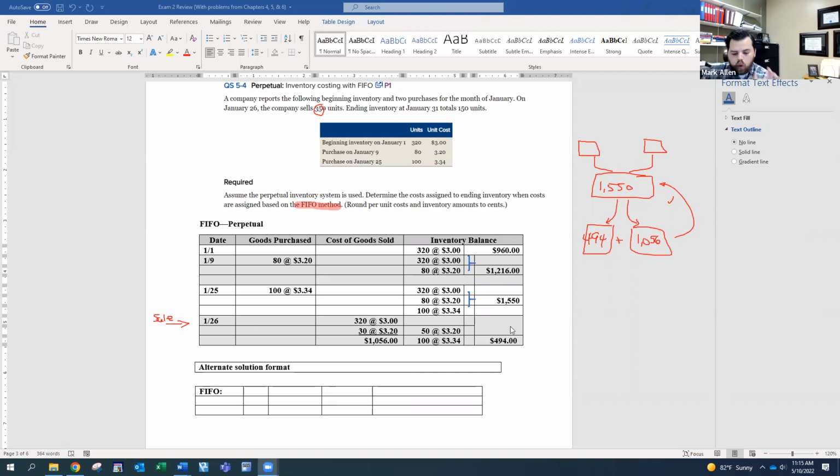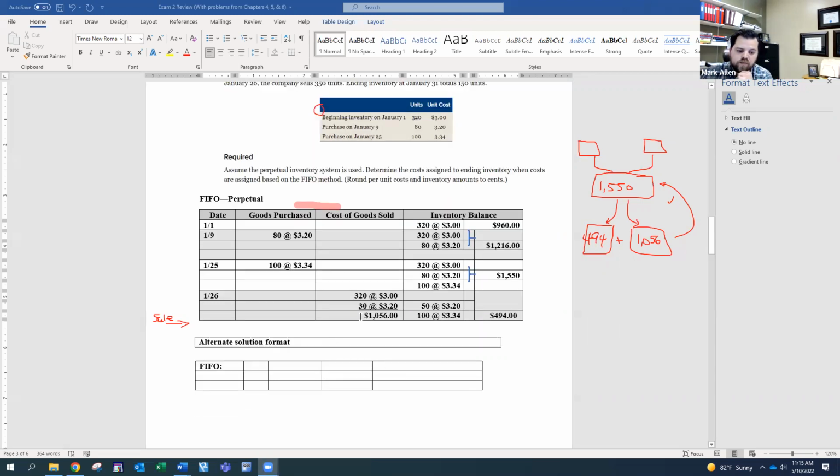Now, there was truthfully another way that we could have gotten down to this 494 and the 1056 very, very quickly. This is a FIFO question, first in, first out, which means last in, still here. In other words, if I just wanted my ending inventory, what I could have done is said, look, we have a total of 500 units. The first 350 will be sold, which means the last 150 will not be sold.